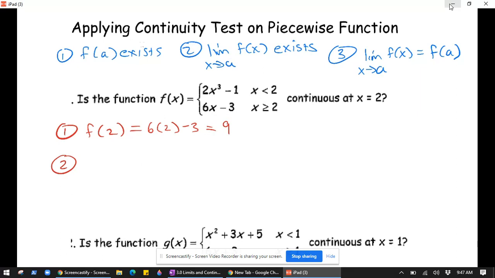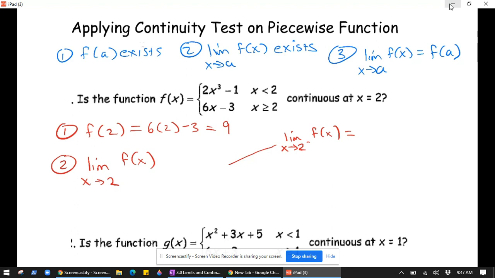Okay, now we look at the limit as x approaches 2. Well, with a piecewise function, you're going to need to analyze two aspects of this. So let's go over here and do that. So first we have to look at the limit as x approaches 2 from the left-hand side. As you come from the left-hand side, the function is defined to be 2x cubed minus 1 for x values on the left of 2.